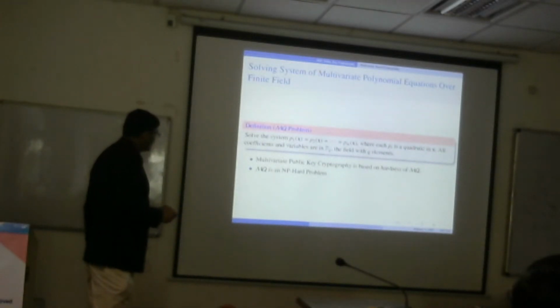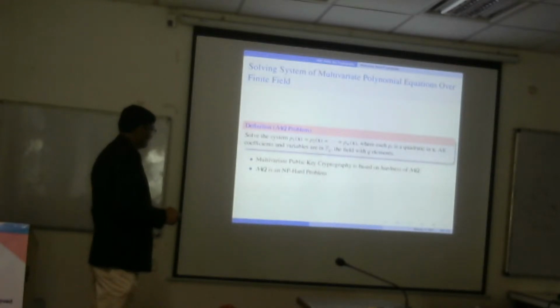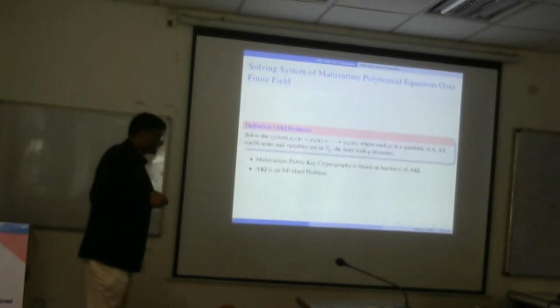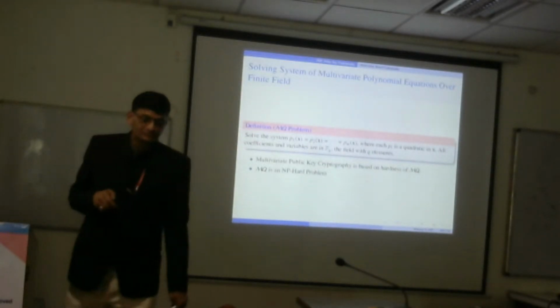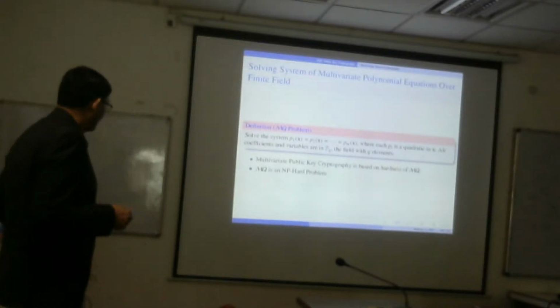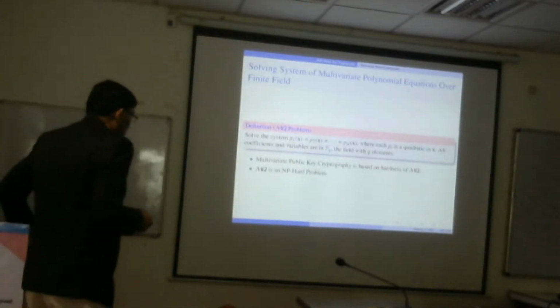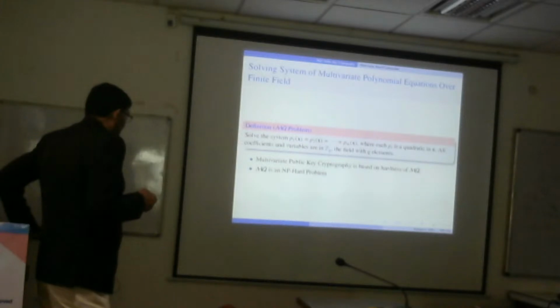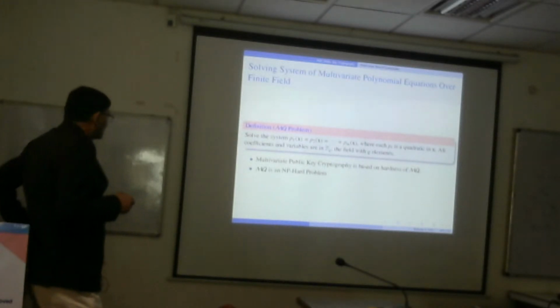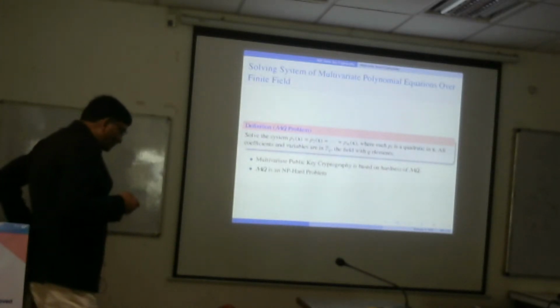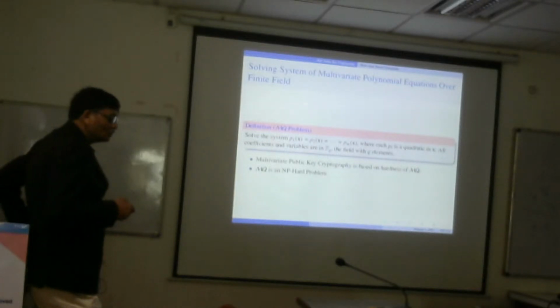All coefficients and variables are in the finite field F_q, with q elements. Now we want to find the solution of that system. This is again an NP-hard problem. Based on that, we have a crypto system, and as of now we have no quantum algorithm that can be used to solve this problem.